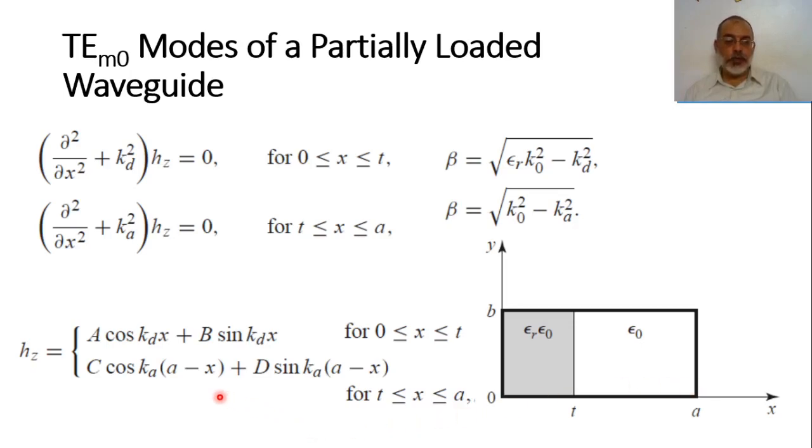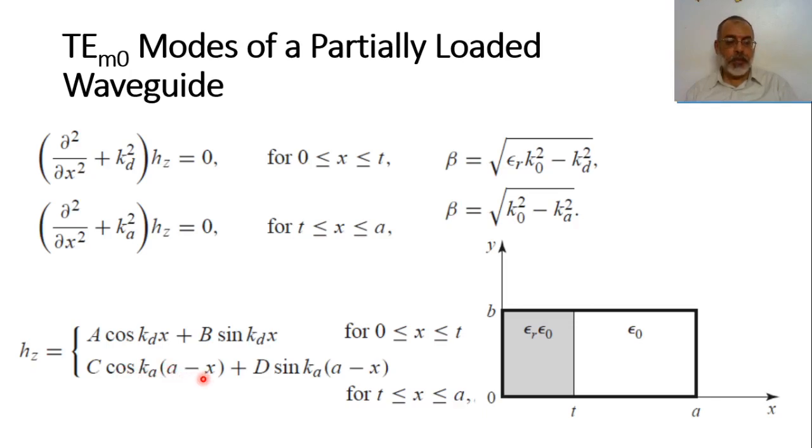To be sure, let us first check if this equation satisfies the differential equation or not. Here, if I differentiate this with respect to x, the differentiation of cosine would be minus sine. And because this is minus x, it would be plus ka sine ka multiplied by (a minus x).